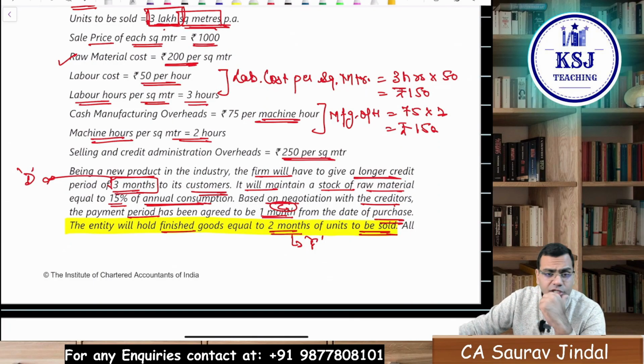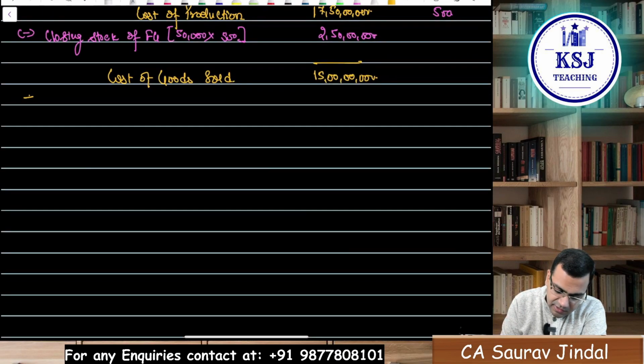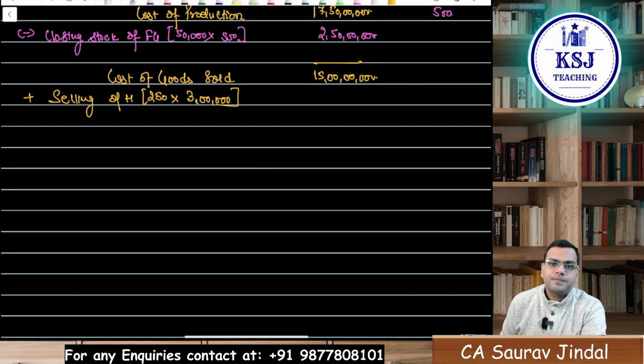I've told you in the cost sheet also that when the selling expenses are taken, on how many units, whether the number of units sold or the number of units manufactured. Sir, selling and administration overheads will be on the number of units sold, right? So I will add here selling overheads, that is 250 rupees per square meter multiplied by 3 lakh now, not 3 lakh 50,000, right?